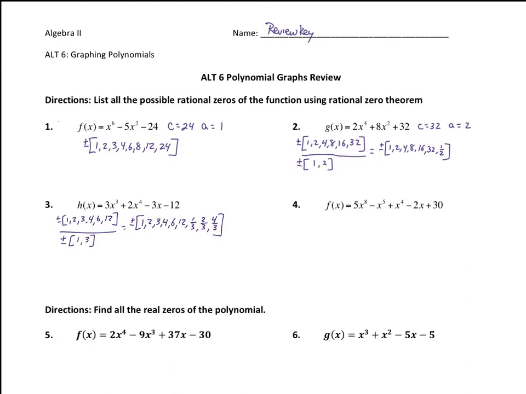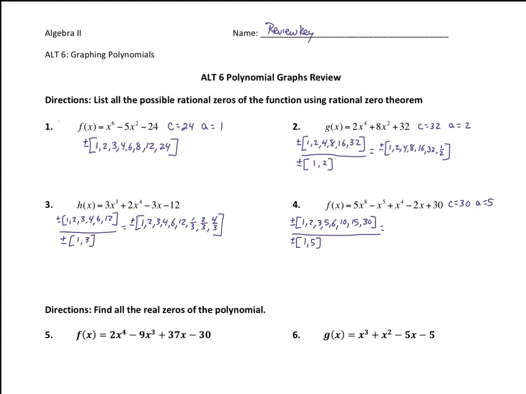Number 4, we've got 30 for C, and we've got 5 for A. So that's going to be plus or minus 1, 2, 3, 5, and 6, 10, 15, and 30, all over plus or minus 1 and 5.